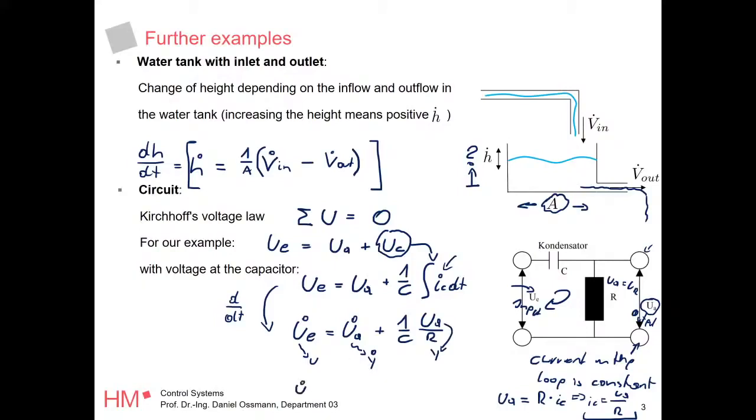So we can write this whole thing as Y dot plus 1 over CR times Y equals the input. Again, you should not be surprised. It looks pretty similar to the ODEs we already have. Now I already standardized it to U and Y.